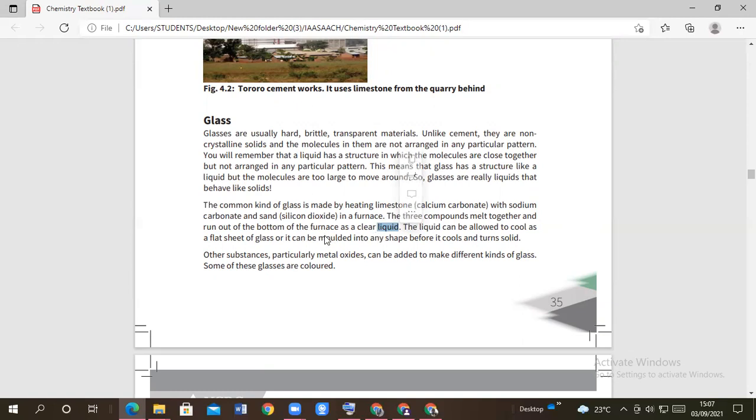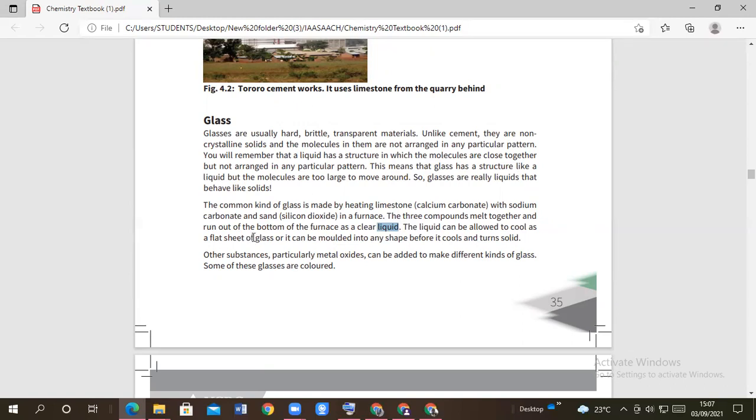Now, how do you turn this liquid to any shape that is called a glass? So this is what they are trying to show down here, that the liquid can be allowed to cool as a flat sheet. Those flat sheets are the ones they lay on the windows. Is it clear?